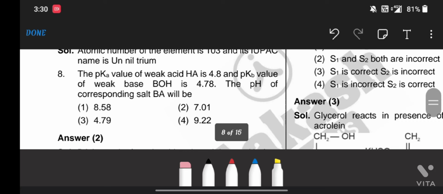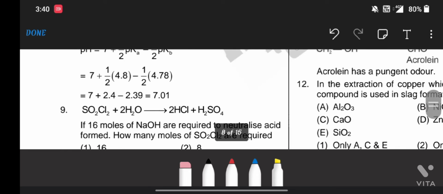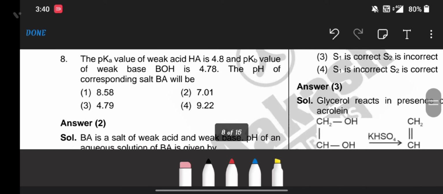Moving on to question number 8. The pKa value of weak acid HA is 4.8 and the pKb value of weak base BOH is 4.78, then the pH of the corresponding salt BA will be.